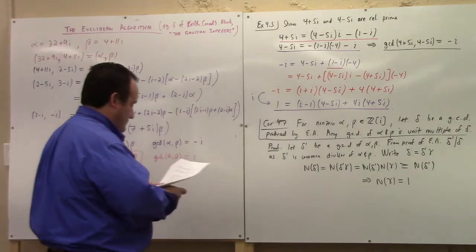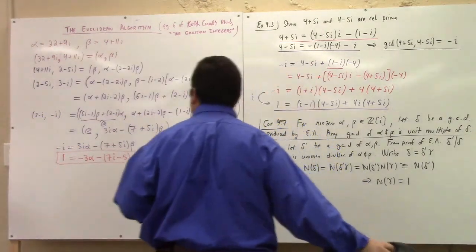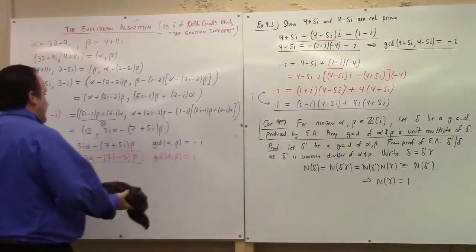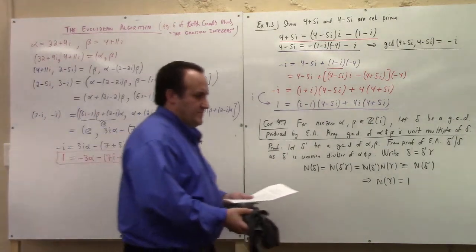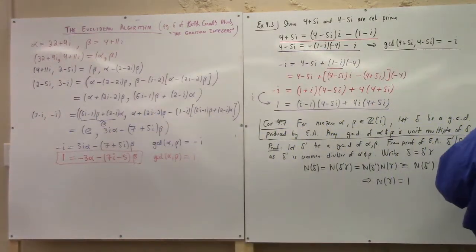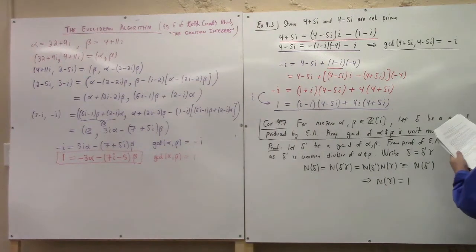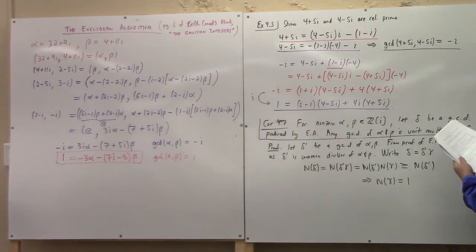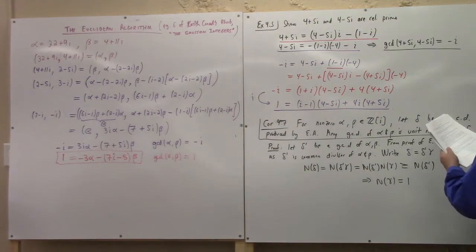So I hate to erase this at the moment. Well, I guess I can write over here. We're now into section 5, which is Bézout's theorem. And here it is, theorem 5.1.